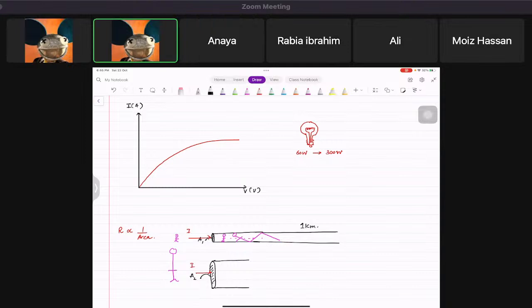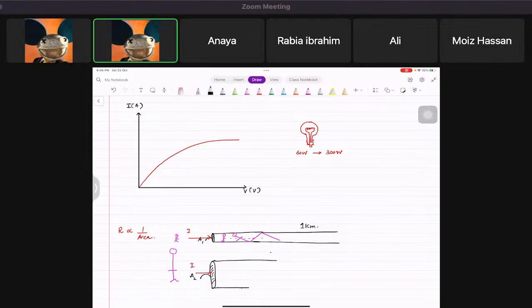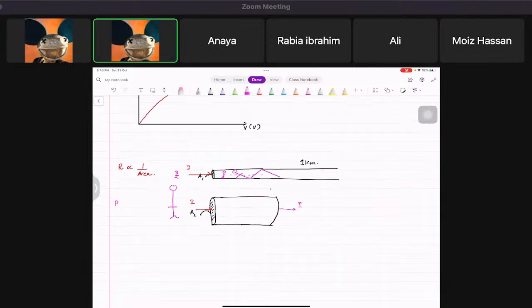I would be pretty tired, which means that if the wire is short, not very long, then the current will go in and come out of it really easily. So it doesn't offer that much resistance. Resistance is directly proportional to length as well, because if the length is higher, the resistance is higher as well.